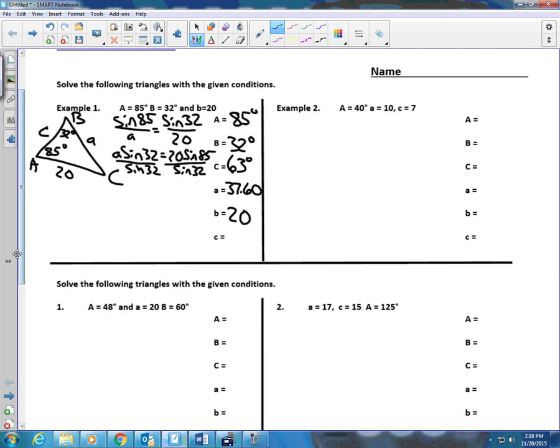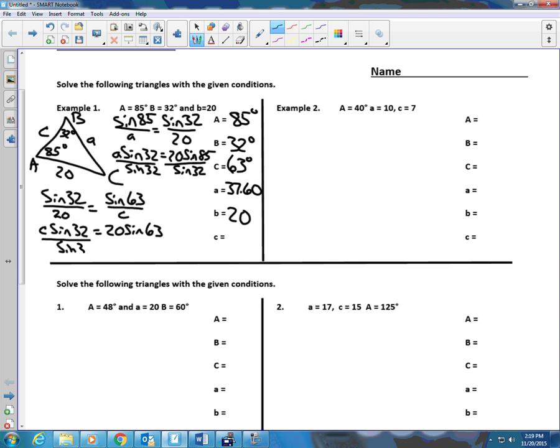Can I find C? Same way. Sine of 32 over 20 equals sine of 63 over C. Cross multiply. C sine of 32 equals 20 sine of 63.